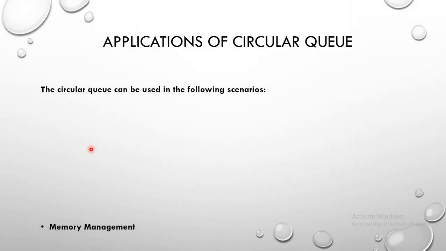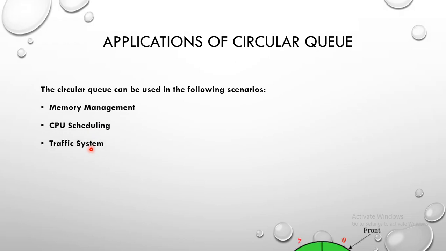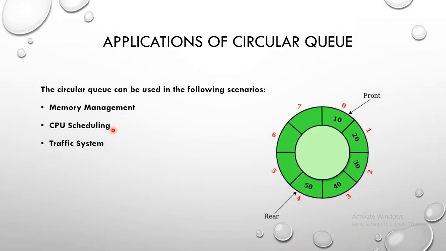Let us see some applications of a circular queue. As the circular queue has the property that the last index is connected to the zeroth index, it can be used in memory management, CPU scheduling, and traffic systems. For example, in a traffic system, the red light is there for stopping, then the yellow light for initiation, and then the green light for going.